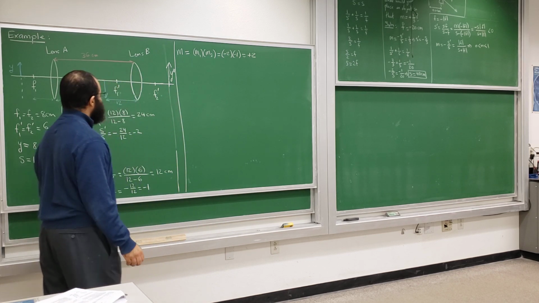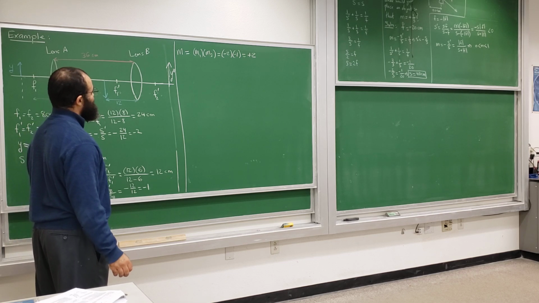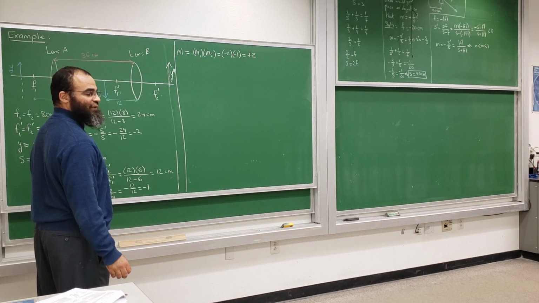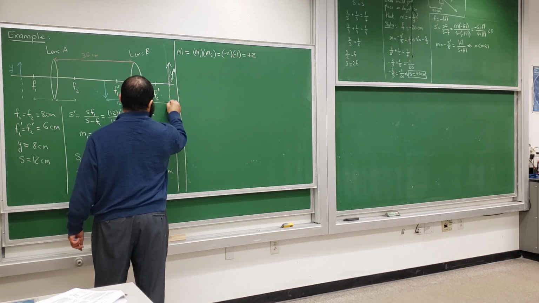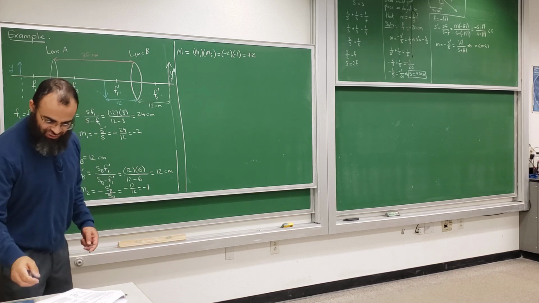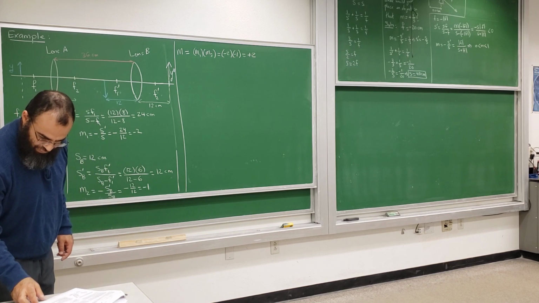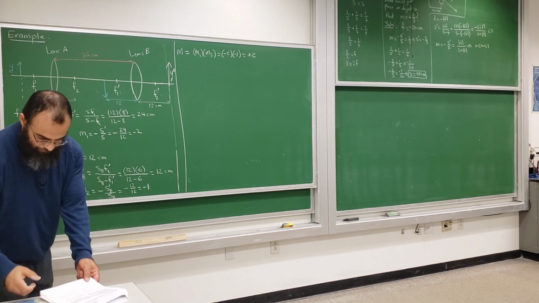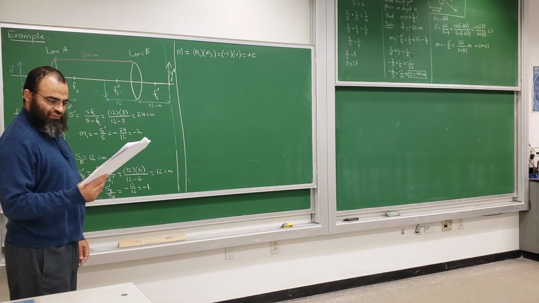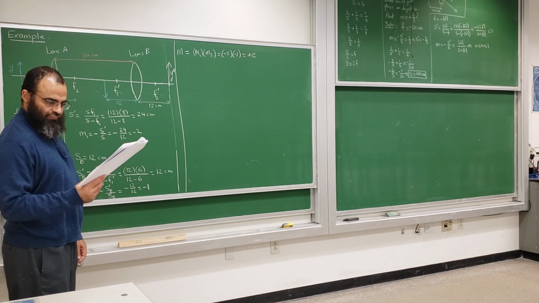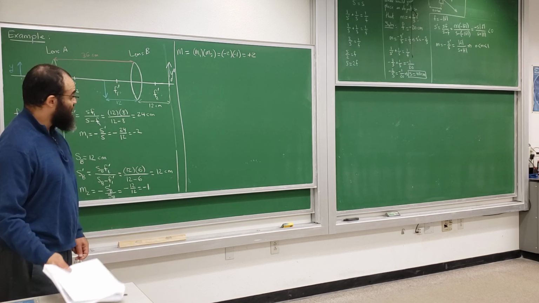That's the final image height. So the final position of the image is 12 centimeters to the right of the second lens.